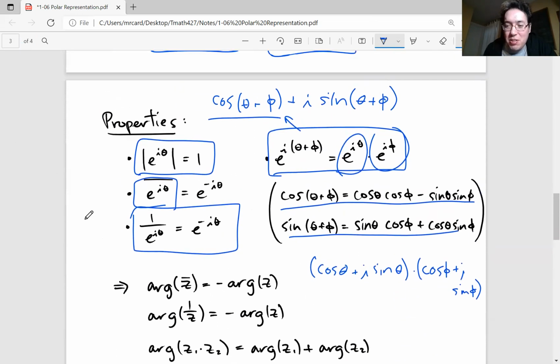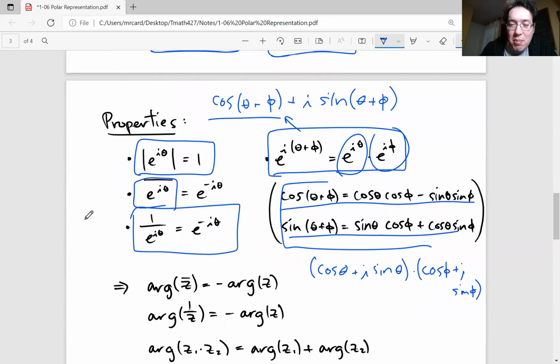In your trig class, I'm sure it was covered once, and I don't know if your trig teacher stressed how awesome this formula is. But if you haven't memorized it yet, this helps you memorize it, right?